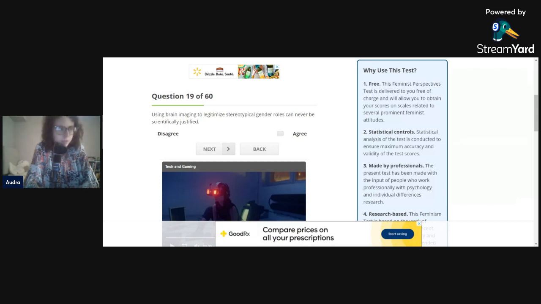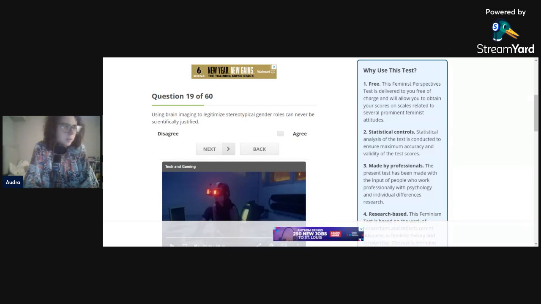But if a scientific study were trying to legitimize stereotypes, we should be skeptical of that. That should not be the business of science. We can try to understand where these stereotypes come from, but it's not about legitimizing them.